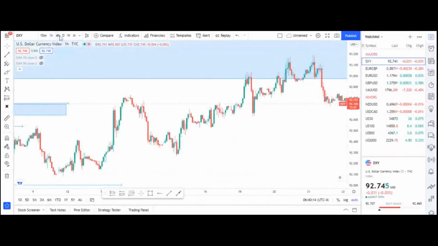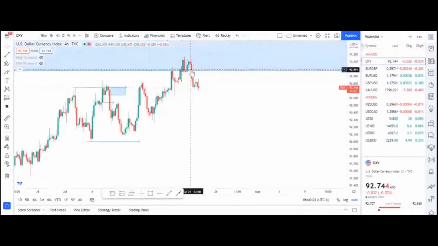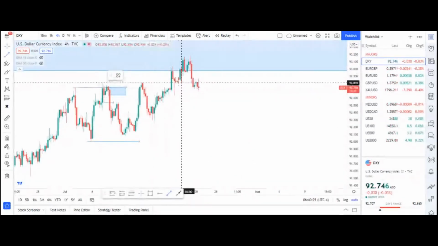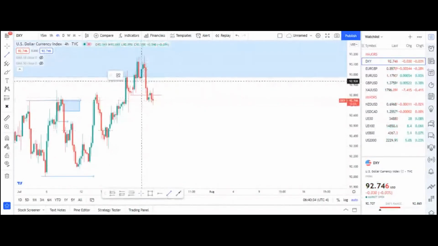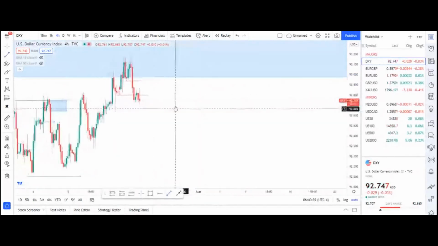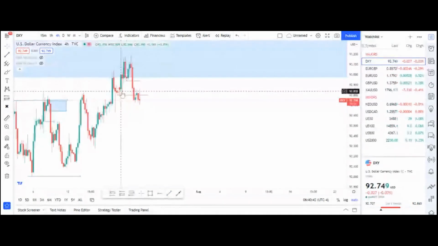But basically, on DXY I am bearish because we traded into a POI, the origin, and we had a major breaking market structure on the 4-hour, and we also had a minor BMS right there. This is a bearish breaker block right there.